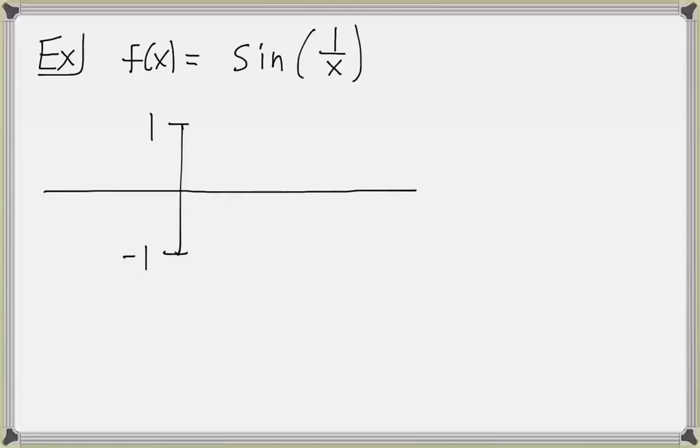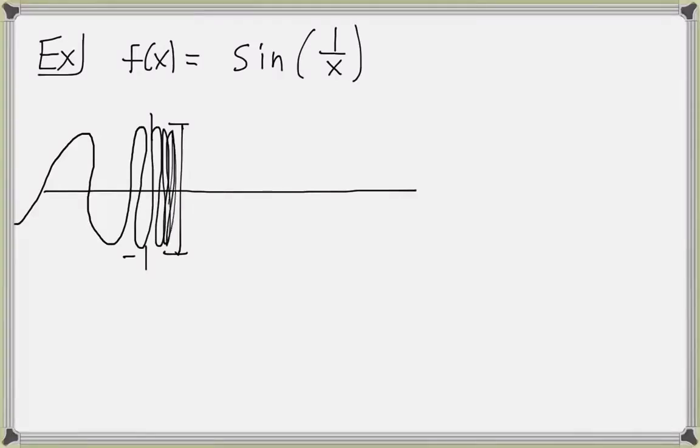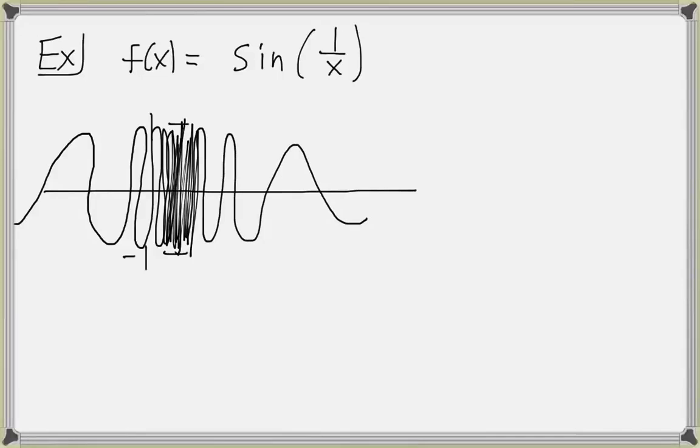You just get this wave pattern that oscillates so much on either side of 0, and this continues. So what's happening is the function is oscillating an infinite number of times as x gets really, really close to 0.